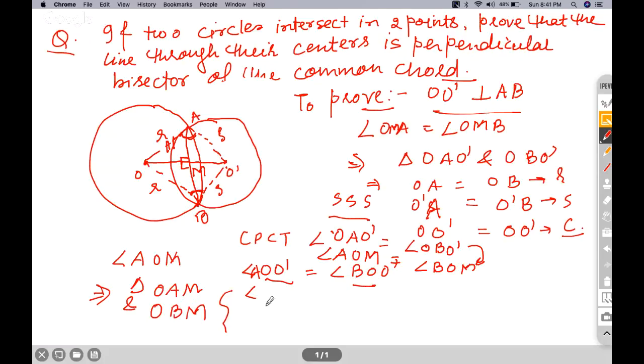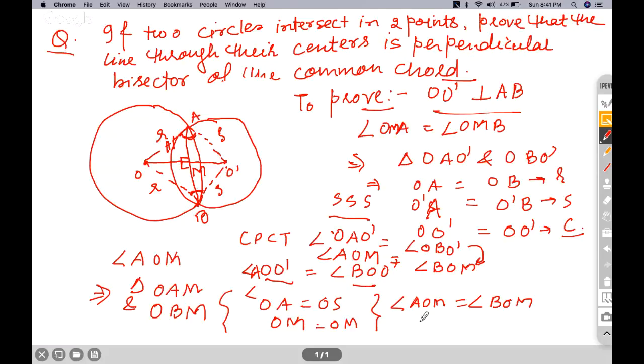In this triangle I know that OA is equal to OB. I also know that OM is common to both of them, and I have already proven that angle AOM is equal to angle BOM.